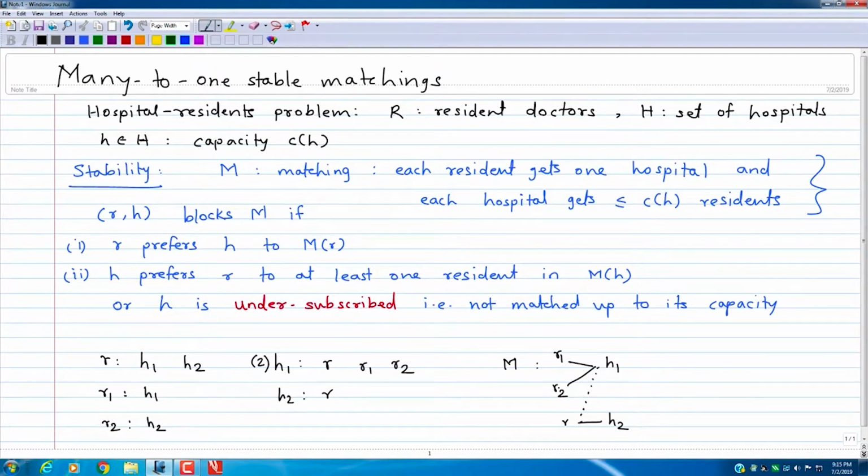But now H1 wants to take R. So who should H1 throw out? R2, because that is the least preferred one. So H1 would like to have R1 more than R and R2, right? In fact, if H1 throws away R1, then again R1 H1 will be a blocking pair because H1 prefers R1 more than R2.